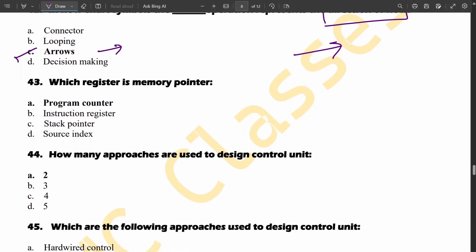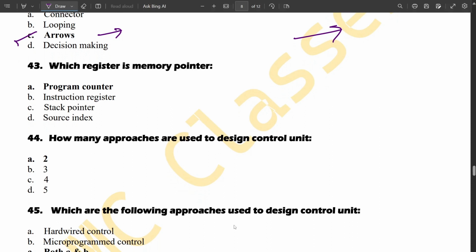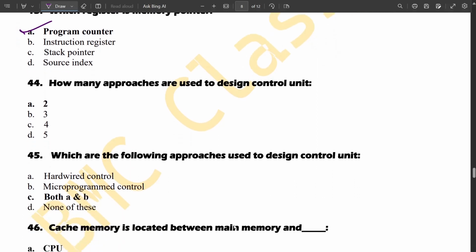Next, which register is the memory pointer? So program counter is the answer. Next, how many approaches are used to design a control unit, like CU, you can say that.